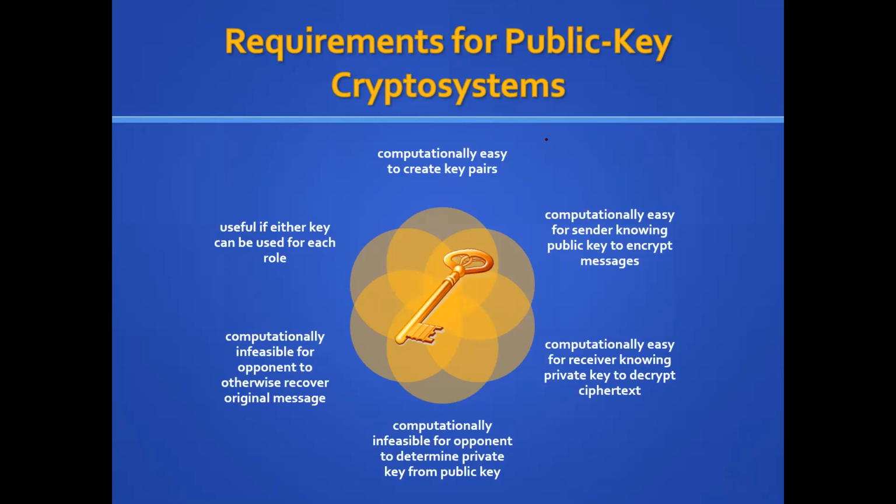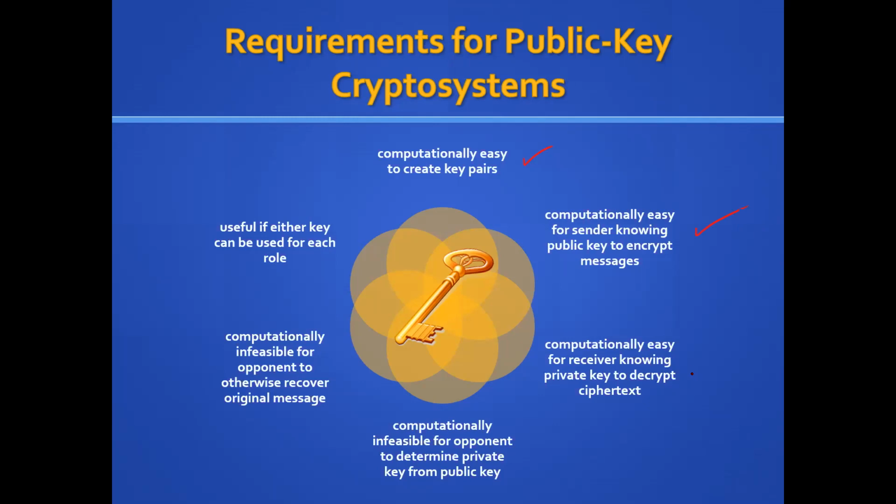So they wanted an algorithm or a technique where it was computationally easy to create key pairs. The public and private keys should be very easy to create. It's computationally easy for sender knowing public key to encrypt messages, right? So it should be efficient.